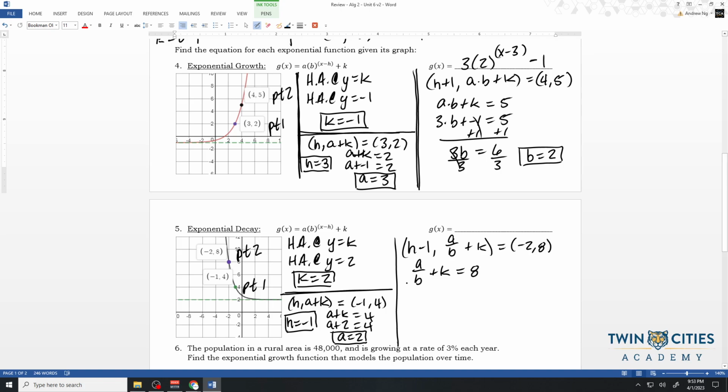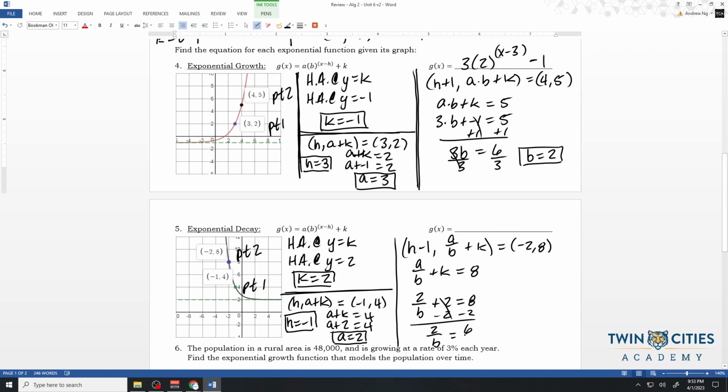Let's plug in what we know. a is 2, so 2 over b plus 2 here is equal to 8. So if I subtract 2 from both sides, I'll get 2 over b is equal to 8 minus 2, which is 6.